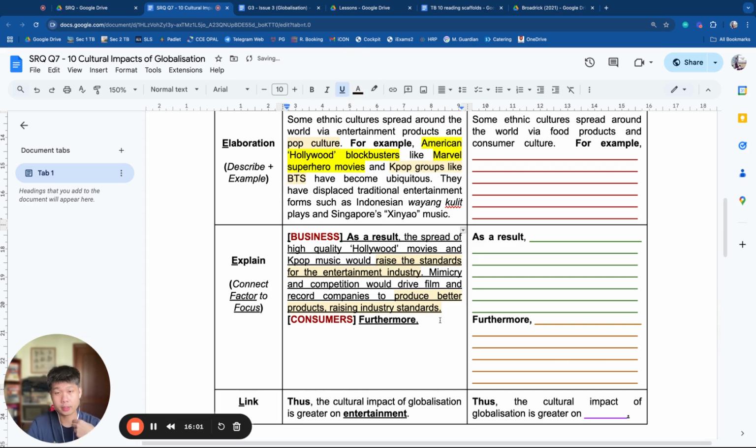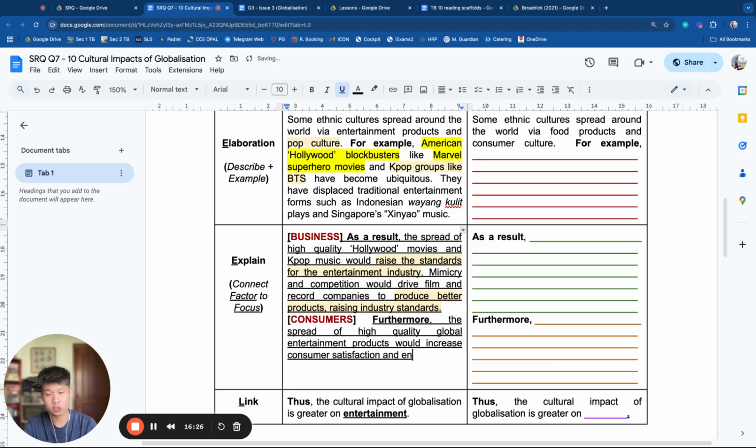And how do I write this perspective? Furthermore, the spread of global entertainment products of high quality would increase consumer satisfaction and enjoyment.